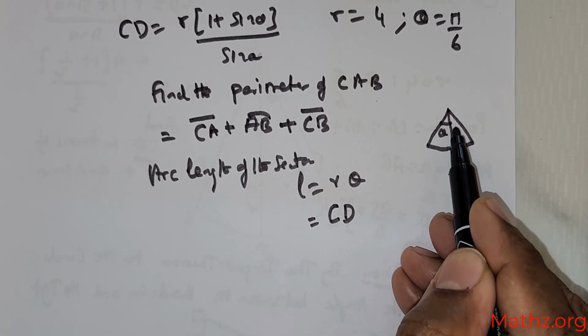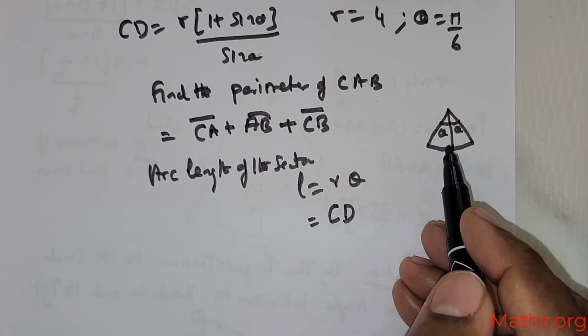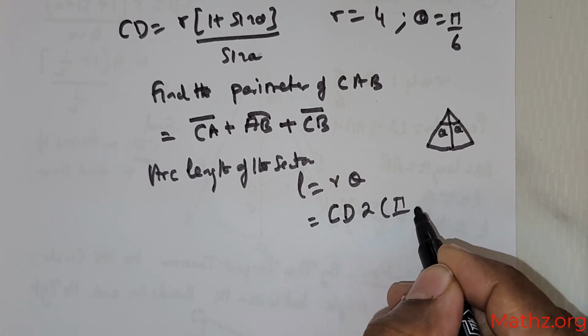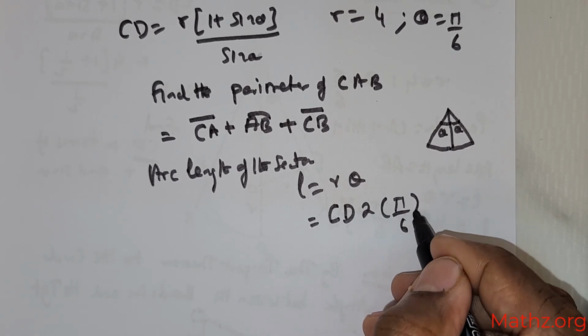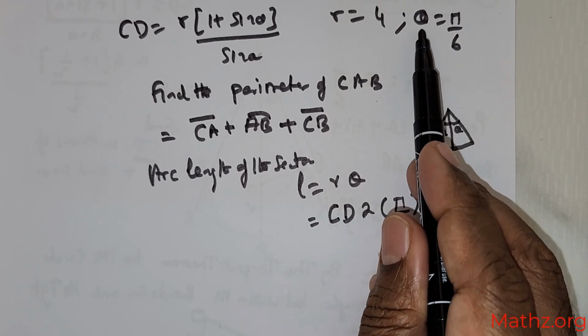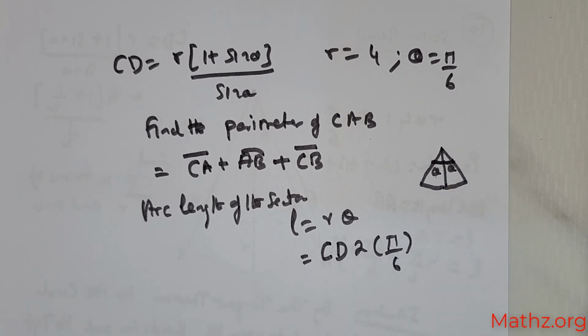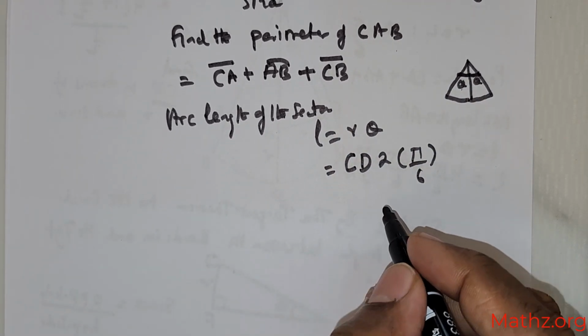But for this entire sector we need another theta, so that would mean we need to have 2 times of pi over 6, because this theta is only pi over 6, but we need this entire region, so that's very important. So this is a very tricky question.